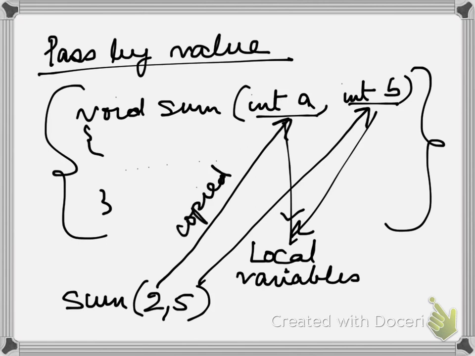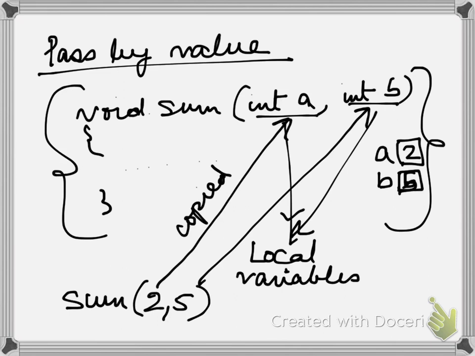So the function sum will have its own copy of a and its own copy of b. This is called call by value. Later on we will discuss call by reference.